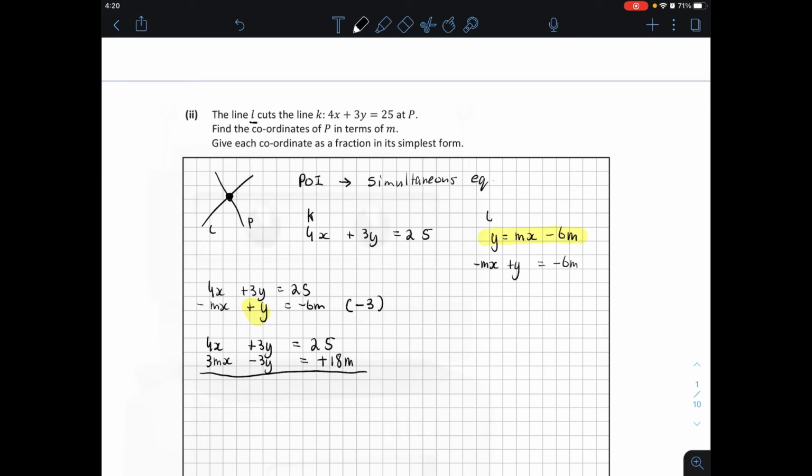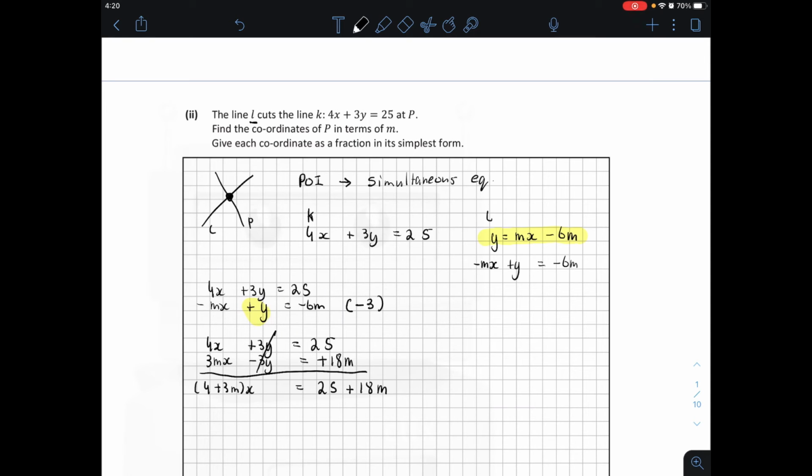Okay, and from here we're just going to solve for our remainder. Solving gives me (4 plus 3m)x. So group together those coefficients attached to the x. Your y's cancel out and we're left with 25 plus 18m.